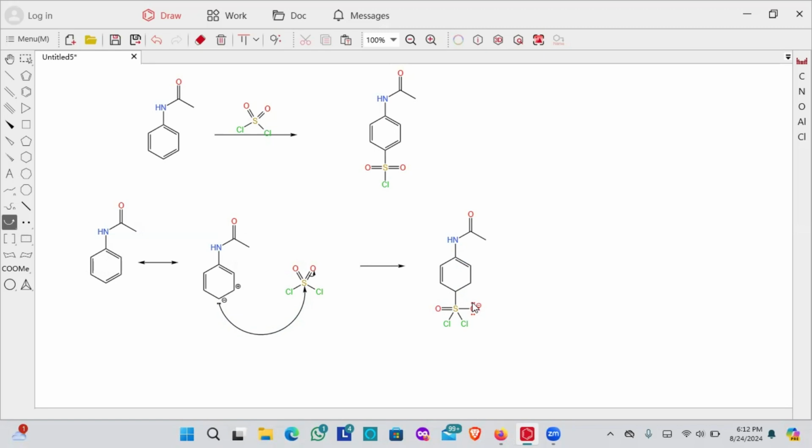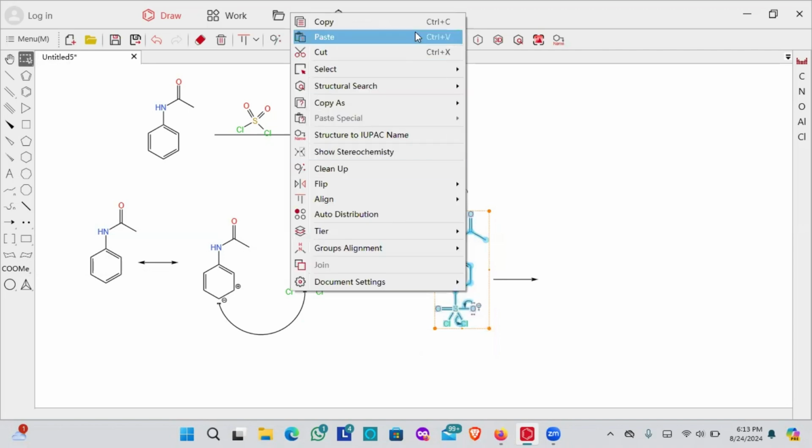Okay, now one of these electron pairs is going to turn this single bond into a double bond, which is then going to have one of the chlorine atoms leave. Let's take a copy of this so we can show what the byproduct is going to look like.